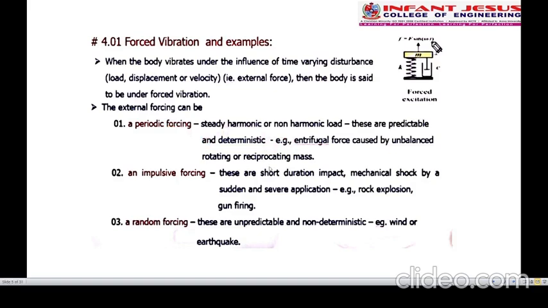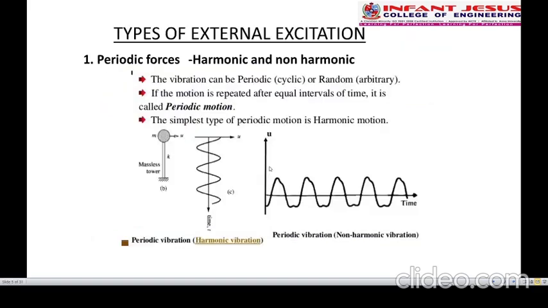So here you can see these periodic forces, harmonic or non-harmonic. The vibration may be periodic, meaning cyclic, repeated after regular intervals of time. That is called periodic motion.